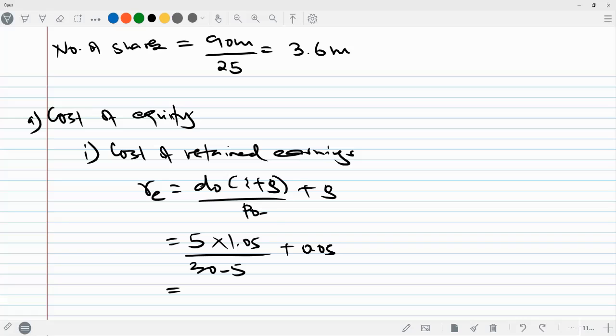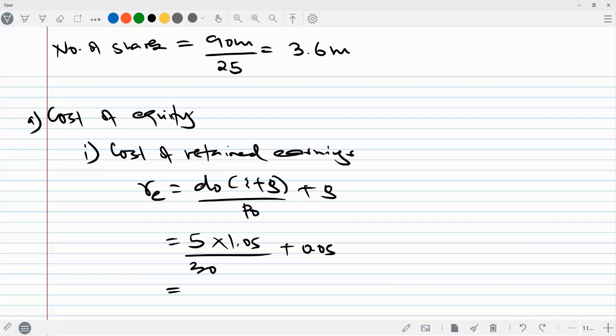With P naught minus flotation cost? In this case, there's no flotation cost. Here, don't forget, retained earnings, you're not floating them. Flotation is for shares issued to the market. In the case of retained earnings, you're not issuing anything to the market. So you're not going to the market to issue your own previous profits, and there's no flotation cost.